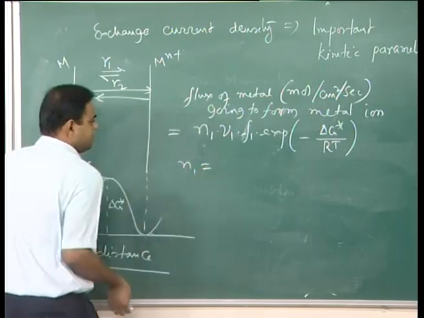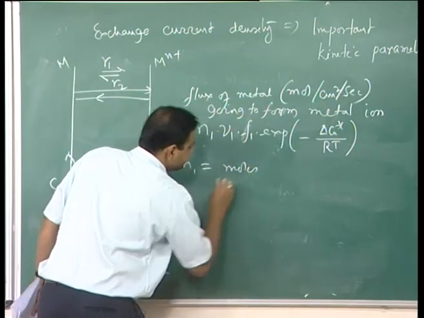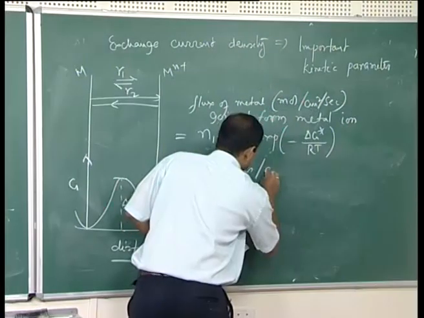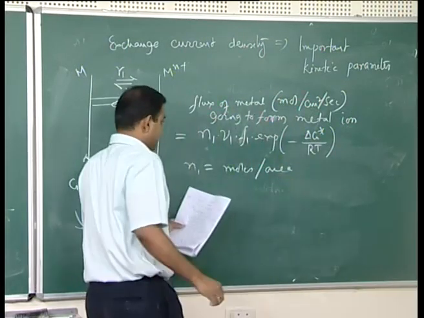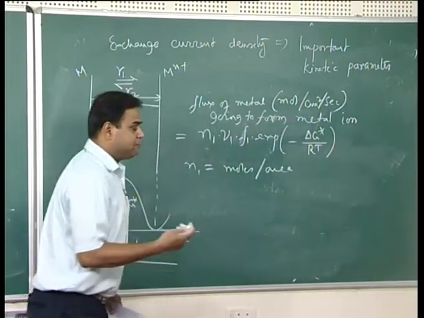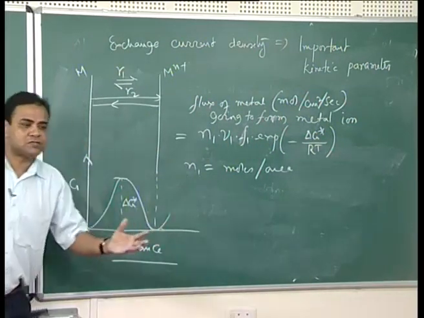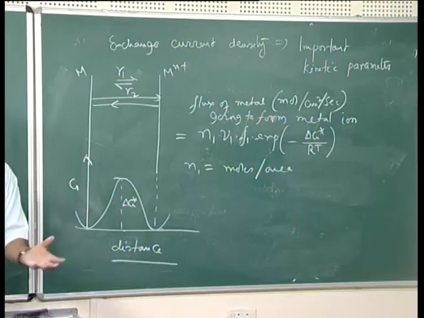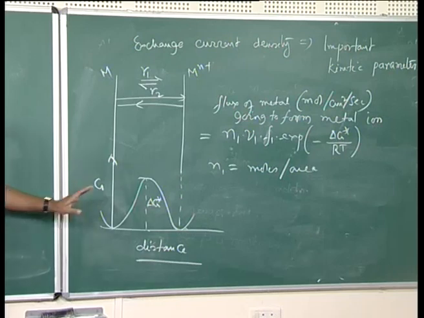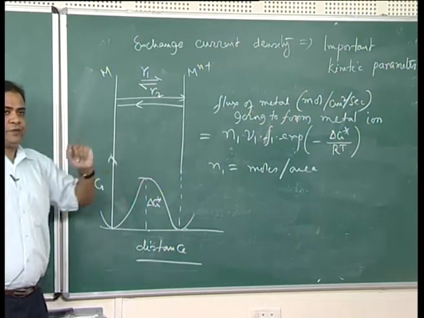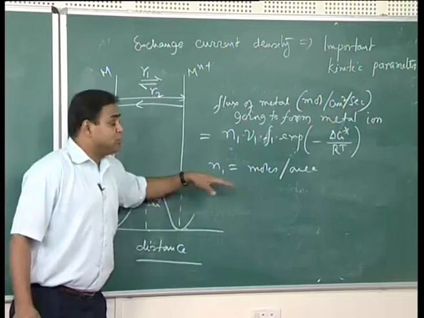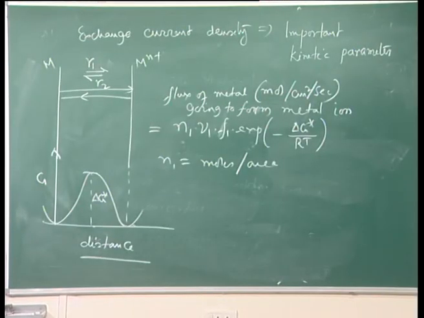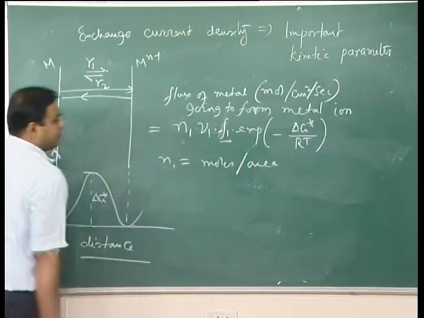N1 is the moles per unit area in a favorable position, that is, the number of moles per unit area on this surface which are in a favorable condition to go from this to this. We are not sure whether the entire N1 will go to the other side or not. That would be decided by F1.